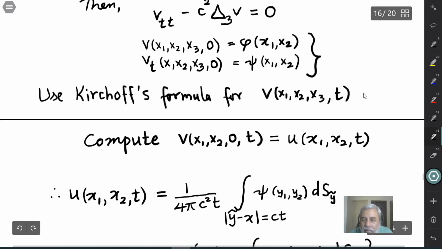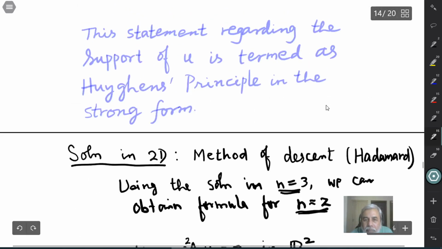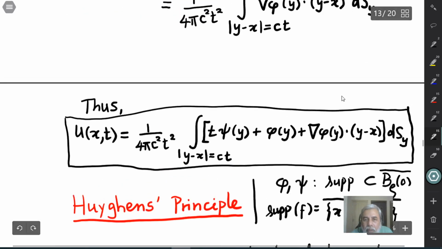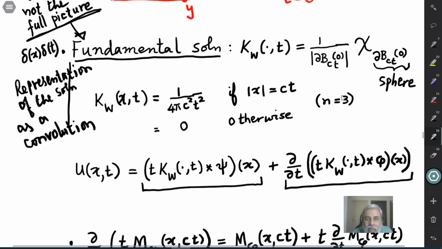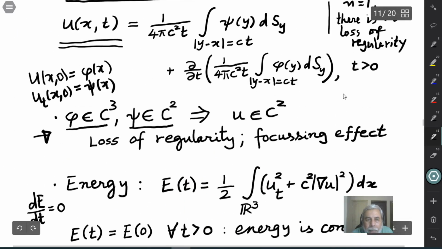Again, we are more interested only in v of x1, x2, 0, t. So you go back to the Kirchhoff formula. Yes, this is the Kirchhoff formula now.